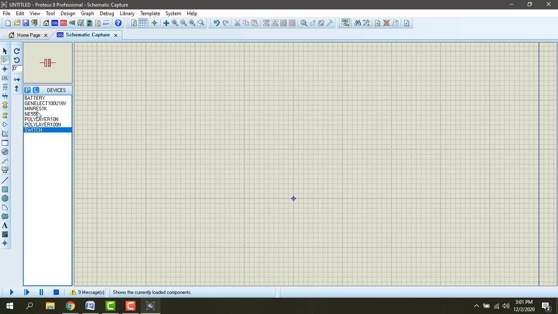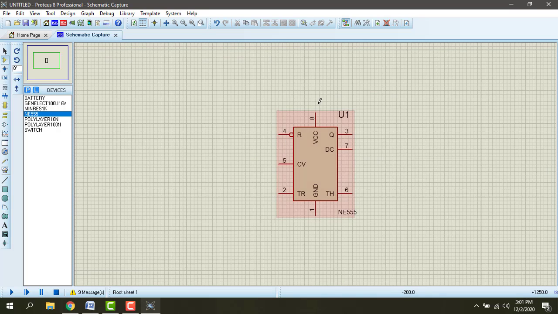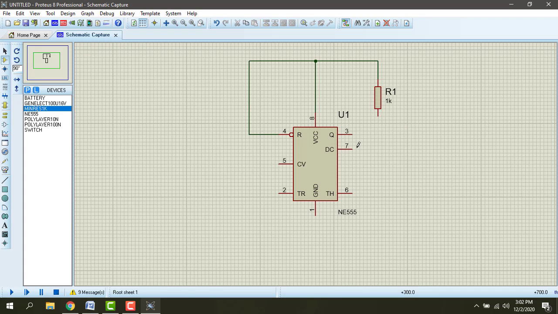Okay, I am going to draw the diagram. This is a 555 timer. Going to short circuit pin number 4 and 8, and a resistance is connected between pin number 8 and 7. And pin number 6 and 7 are short circuited.